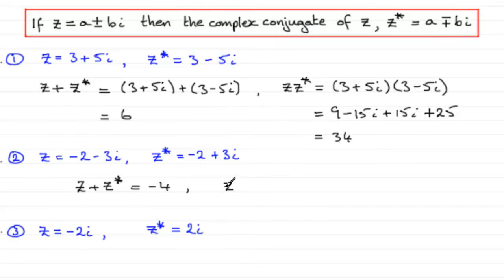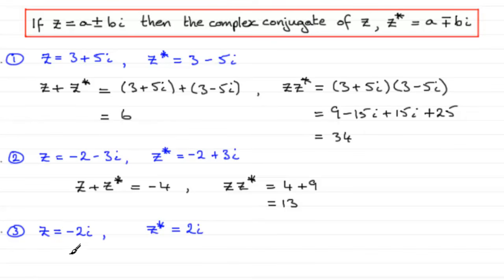And when it comes to doing z multiplied by z star, then you should find that you get minus 2 times minus 2, which is 4. You get minus 6i plus 6i, so that cancels, and you're going to get minus 9i squared, which turns out to be plus 9. 4 and 9 then gives you that real number, 13.